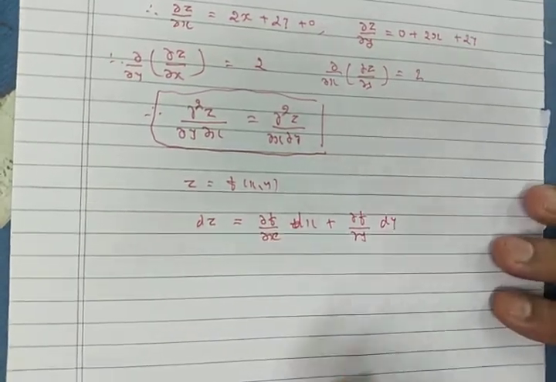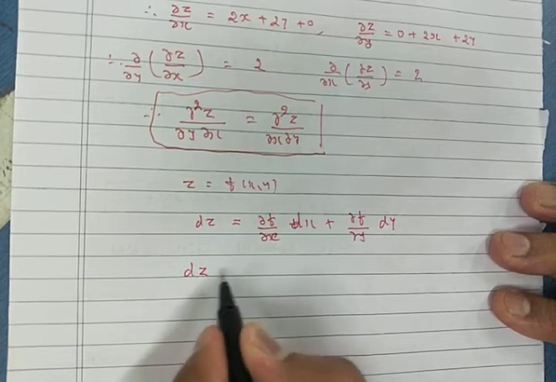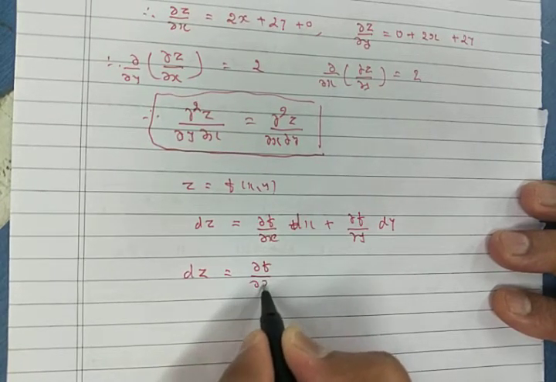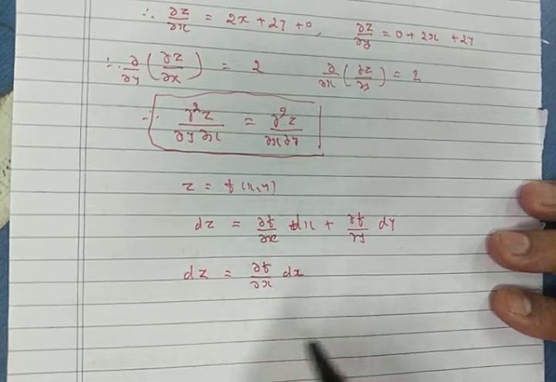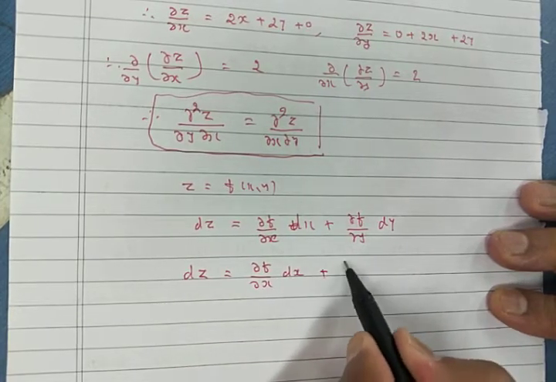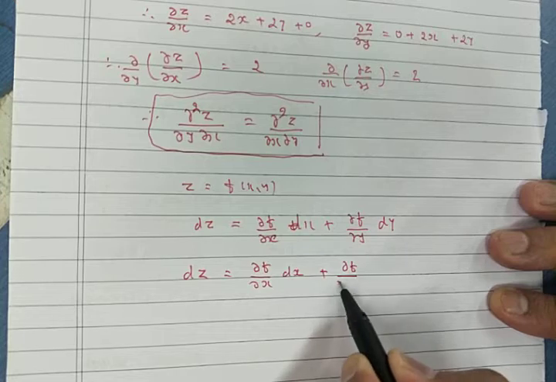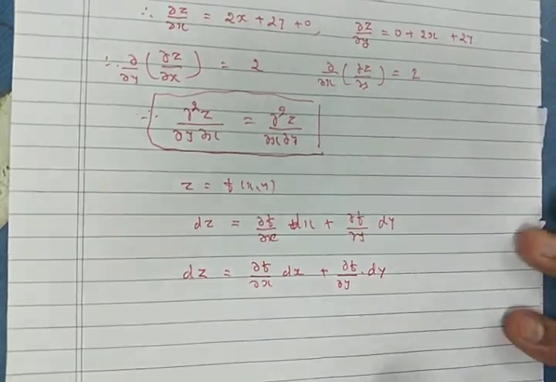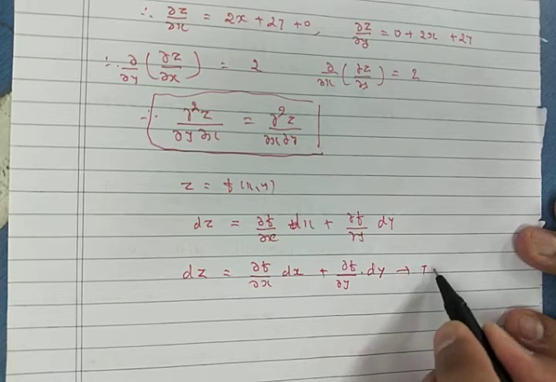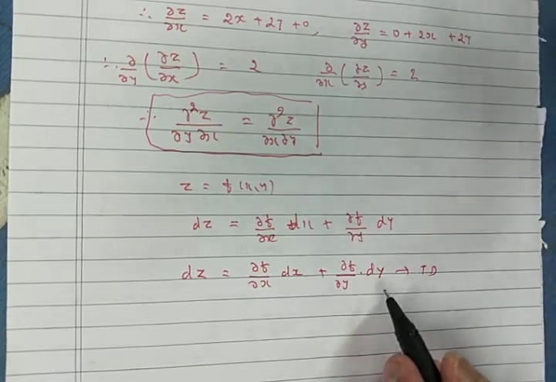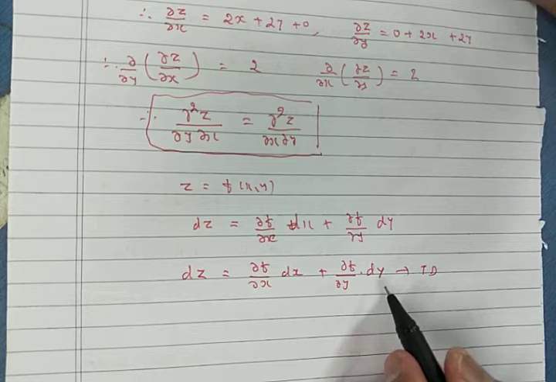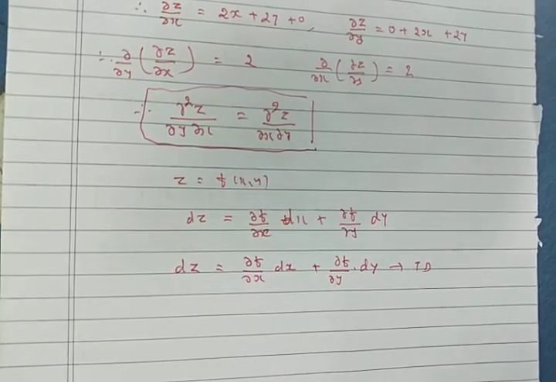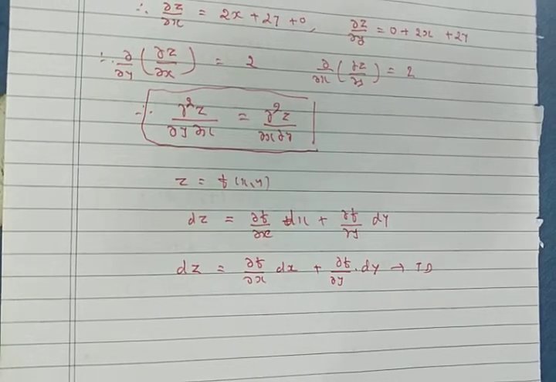That is, partial derivative with respect to x into dx, partial derivative with respect to y into dy. This one is total differentiation, TD. OD, ordinary differentiation. PD, partial differentiation. Clear? Now we can move up to the third result.